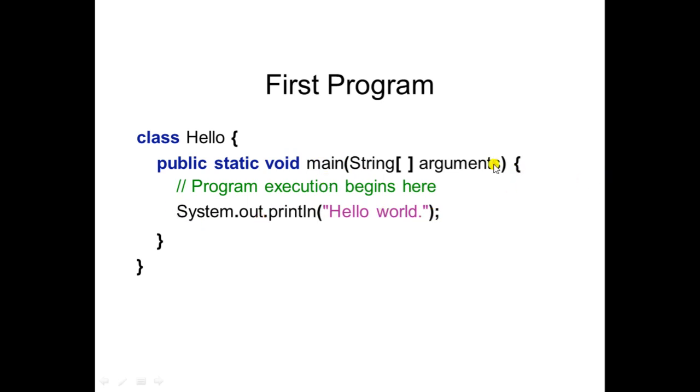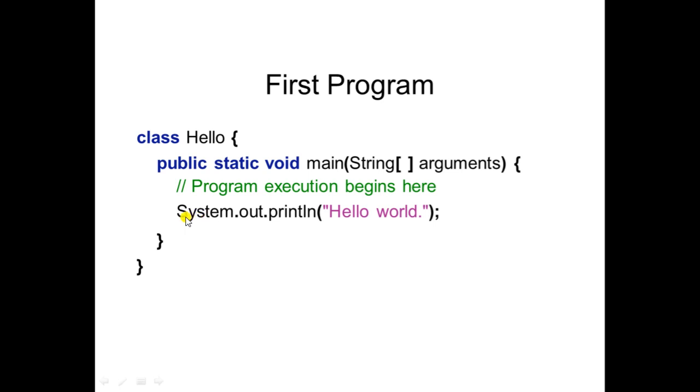So the opening curly bracket after void main will tell you the starting of the main block and the ending of the main block. So whatever statements you write in this main block will get executed. Okay, so the task of main is to start the execution of your program.